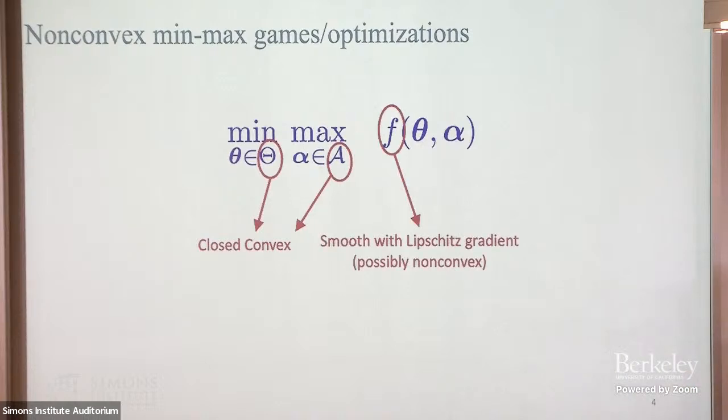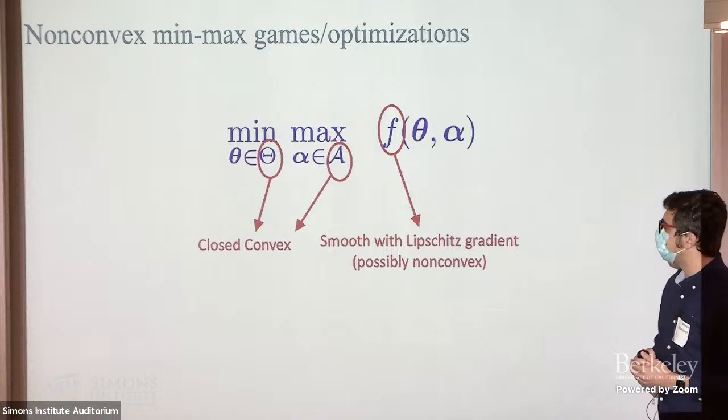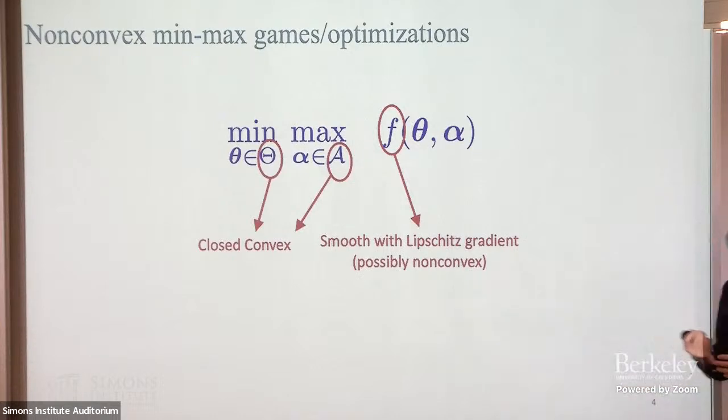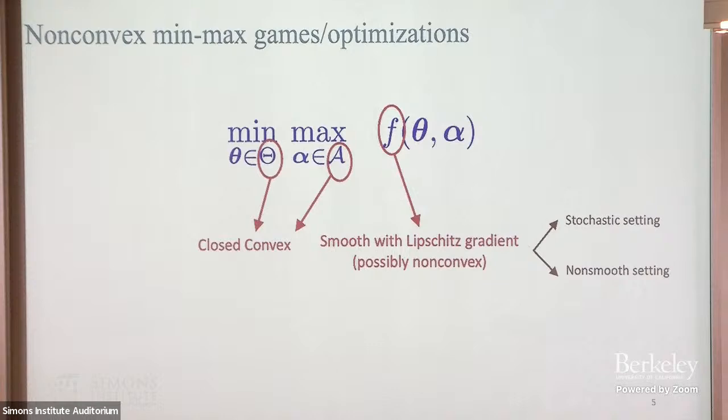I'm going to assume that your function is L-smooth, with Lipschitz continuous gradient. It could possibly be non-convex. Basically, our focus is non-convex, although some of the results that I'll talk about generalize to stochastic settings and some non-smooth settings that are proximal friendly, where you can easily extend the results.